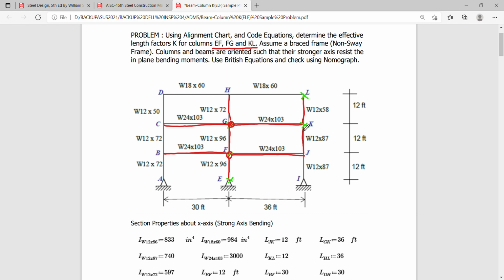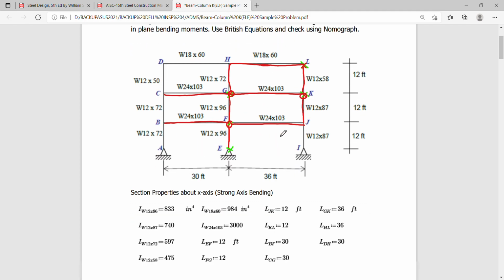Okay, so at joint K, you have 2 column stiffnesses to consider, while you have only 1 beam stiffness to consider. And for joint L, you have 1 column stiffness and also 1 beam stiffness to consider.